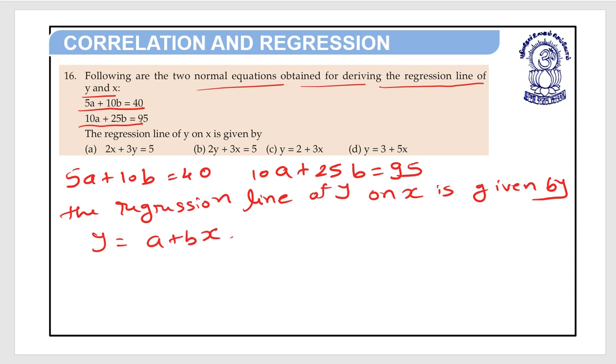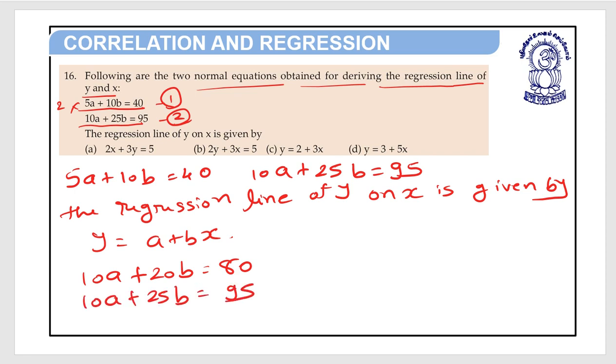Okay, so here multiply the first equation with 2. So 2 fives are 10a plus 20b is 80. 10a plus 25b is equal to 95. So subtract: 10a minus 10a cancel, 20 minus 25 is minus 5b is equal to minus 15.